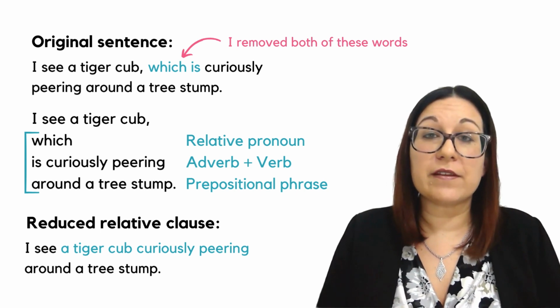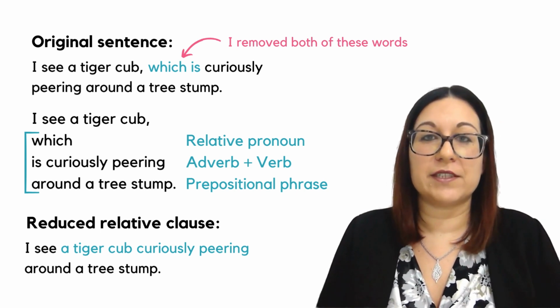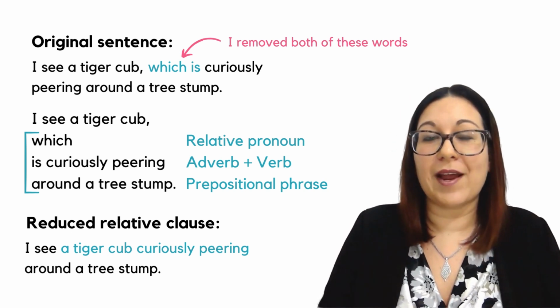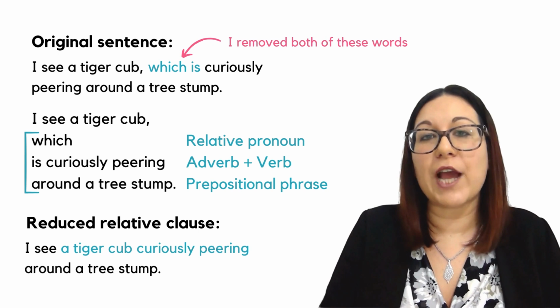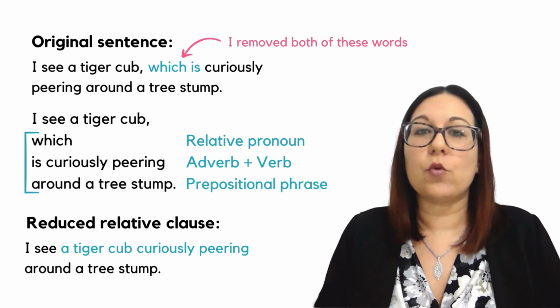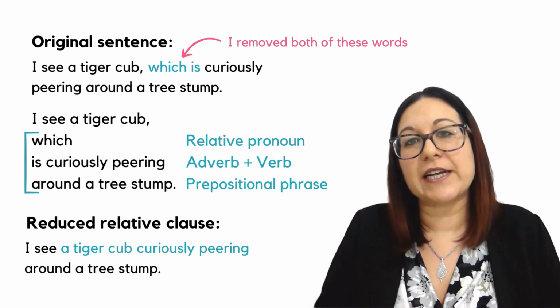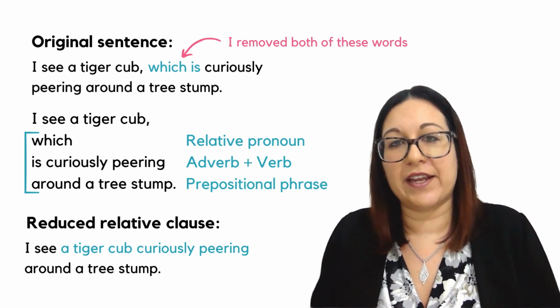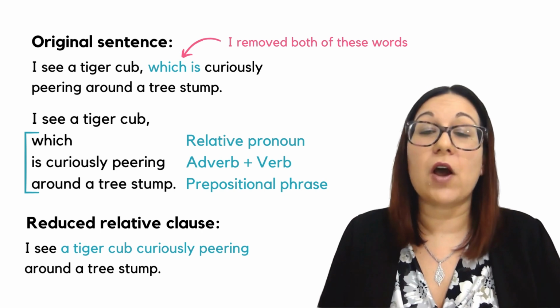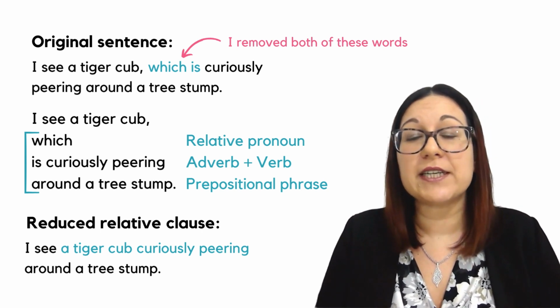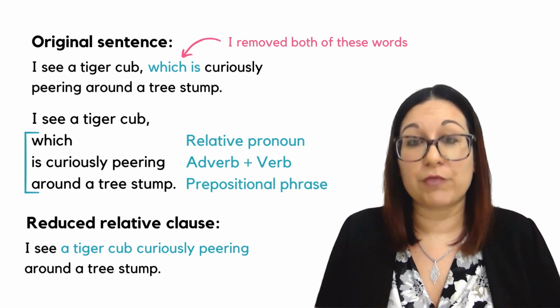Now, you can't do this with every single relative clause, but in this case, the tiger cub that I see, so it's the object, what I see, is also the subject of peering. It's the subject of that action that it's doing. So for that reason, it fits the criteria and I am able to reduce it and make a reduced relative clause.